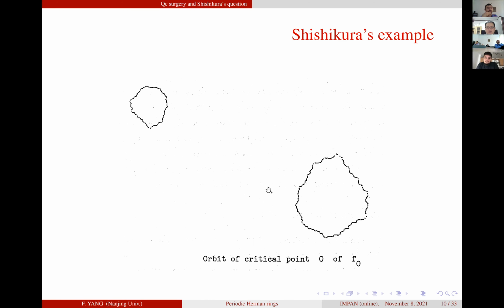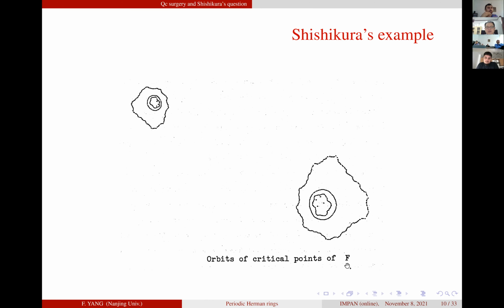Then for the resulting rational map big F, he can also draw the 2 critical orbits, and we can see these critical orbits accumulate on the boundary of this Herman ring, and he also draws 2 periodic caps in the Herman rings.